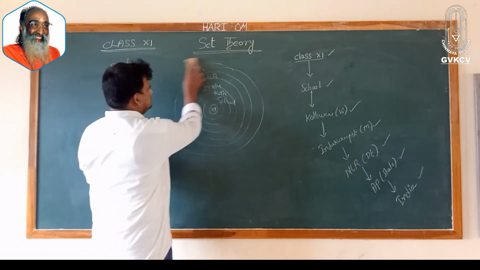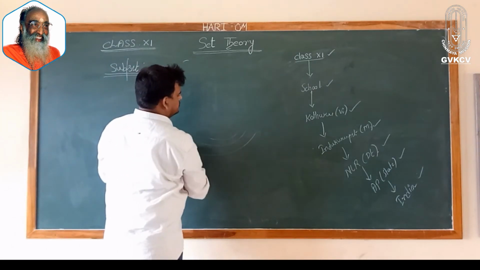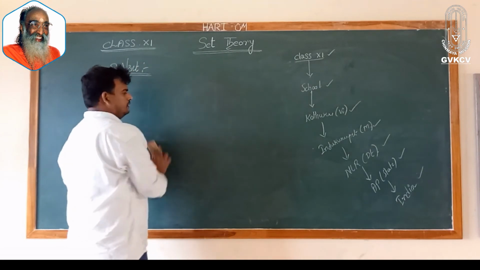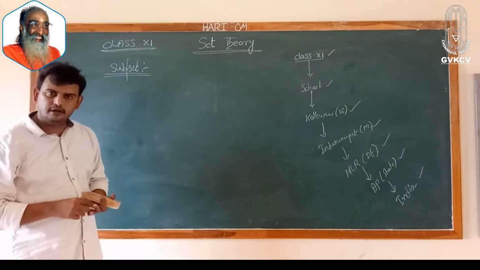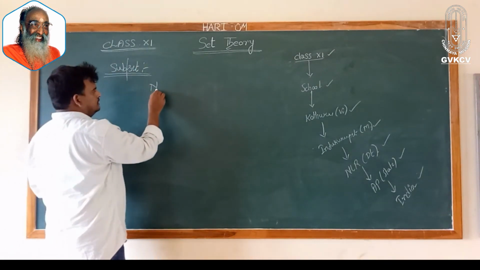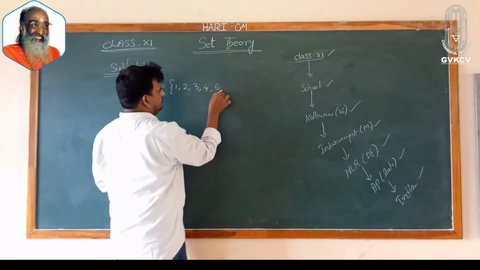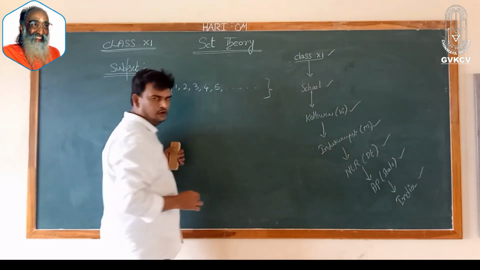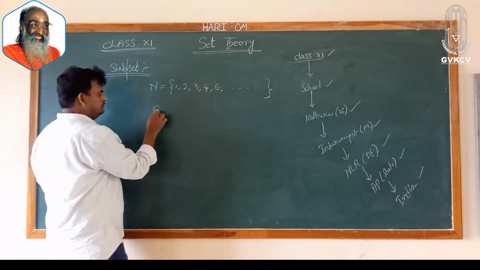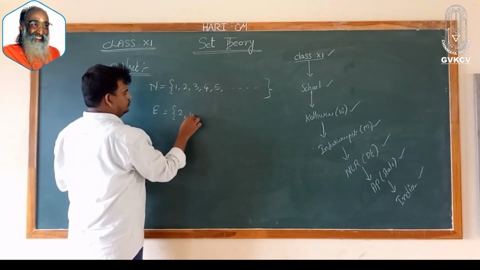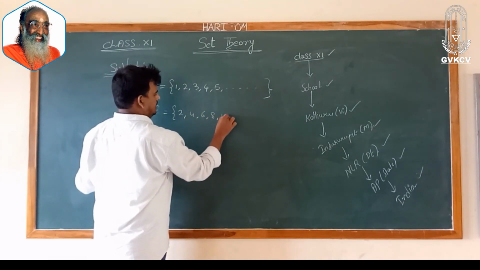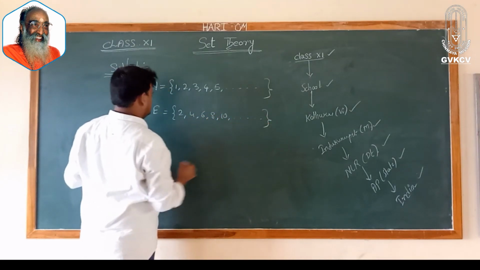Now, if you see, I have natural numbers. So natural numbers are 1, 2, 3, 4, 5 and so on. If I take the collection of even numbers: 2, 4, 6, 8, 10 and so on.